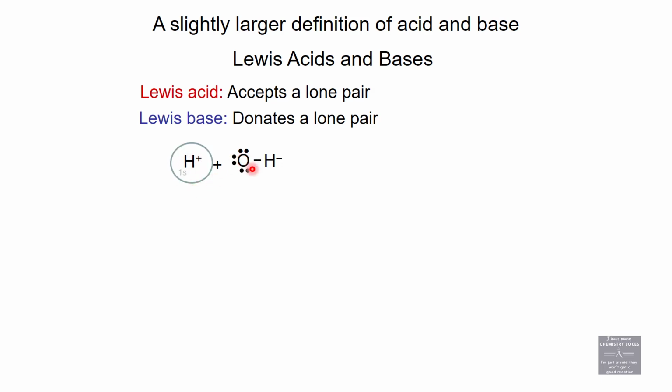My oxygen that has electrons around it can donate electrons to my H, my proton, to make water. Electron pair donation, that is a Lewis acid-base concept in motion. This exact same example is a Bronsted acid-base example.